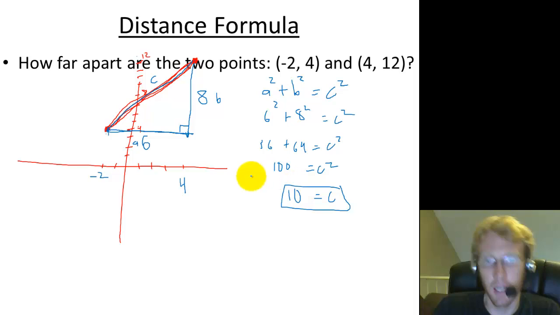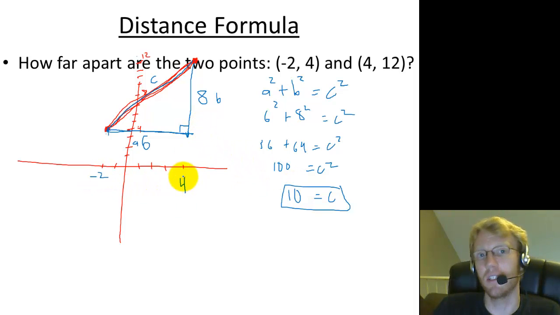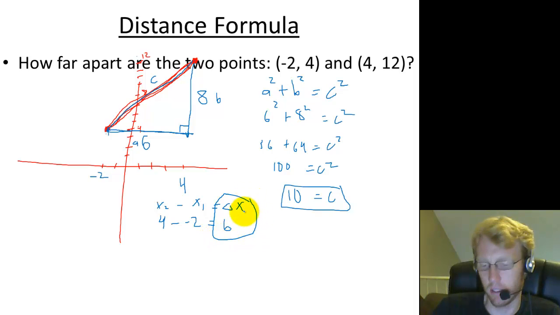Let me go back a slide. For example, we started at -2 and ended at 4, a total distance of 6. The way we got that was 4 minus -2, which is 6. So this is our x2 minus our x1, and our delta x was 6.